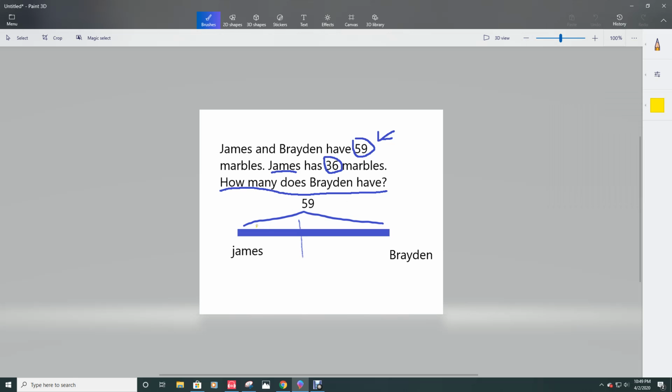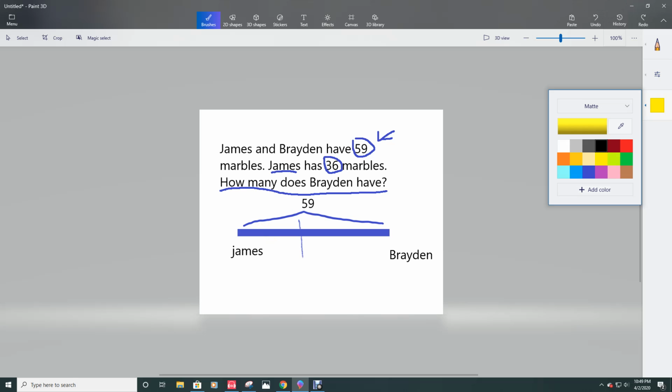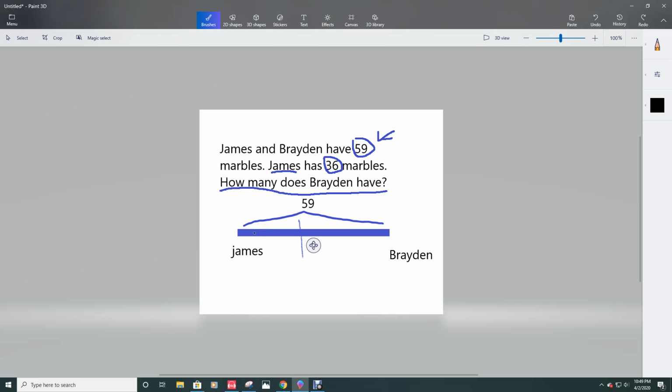Over here, we can put 36. I am sorry, James. I can't draw on that bar. 36. There's 36 marbles. Whew. Okay. James has 36 marbles.